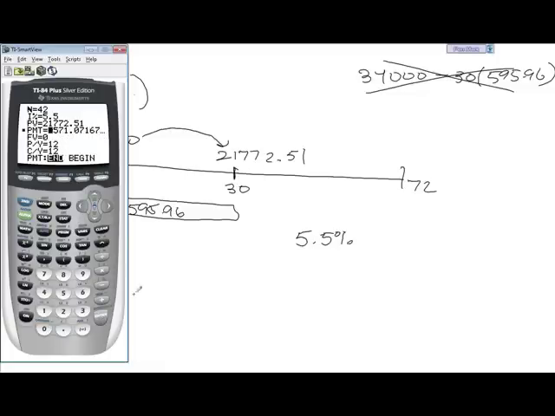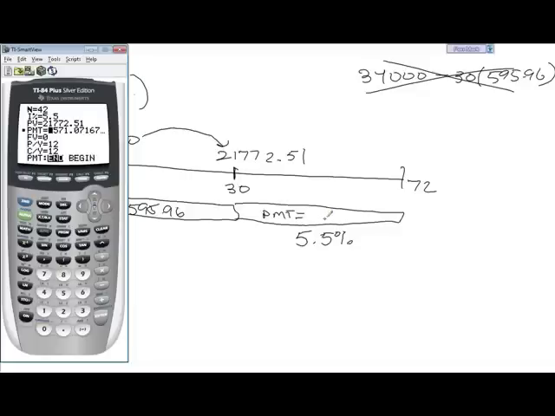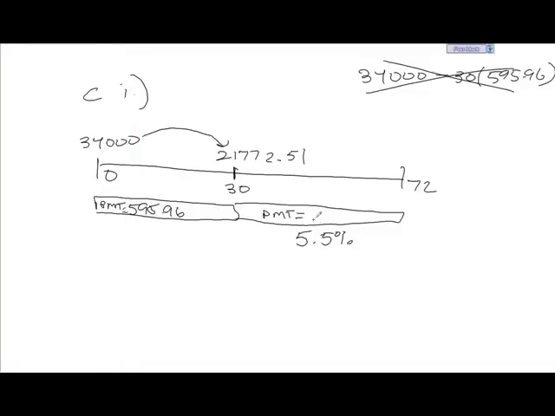So our payment will be, from this block to this block, a little bit less, $571.07.